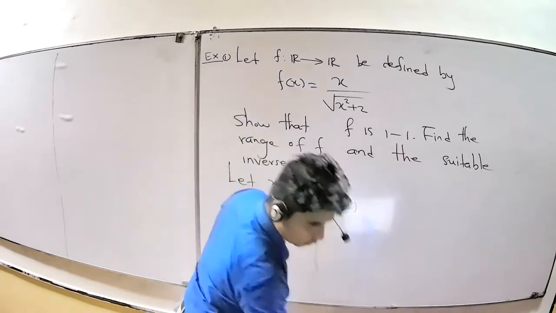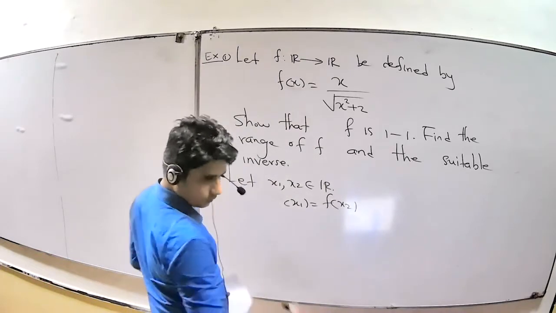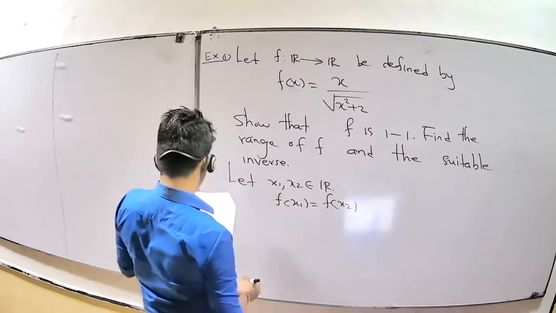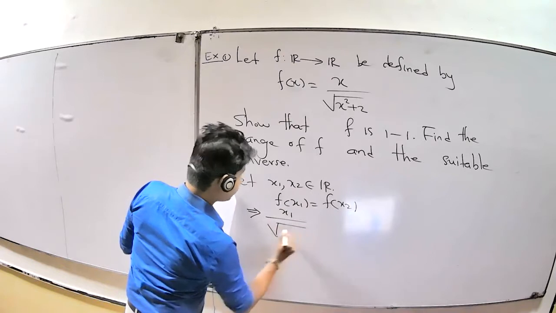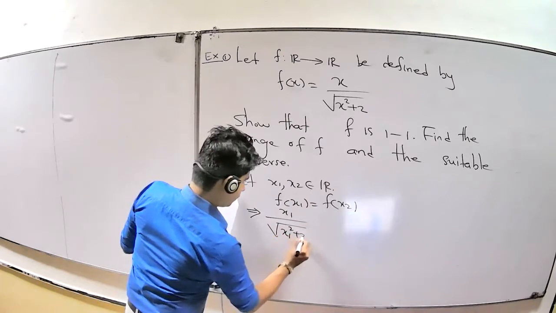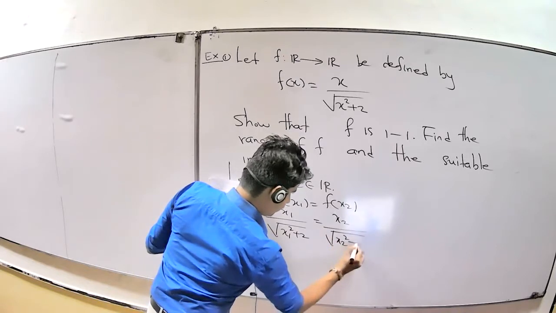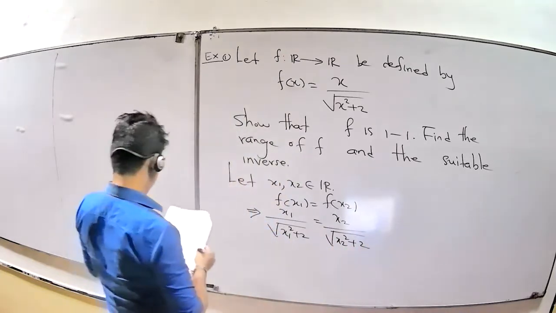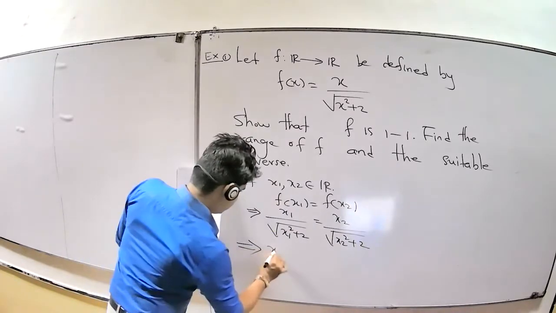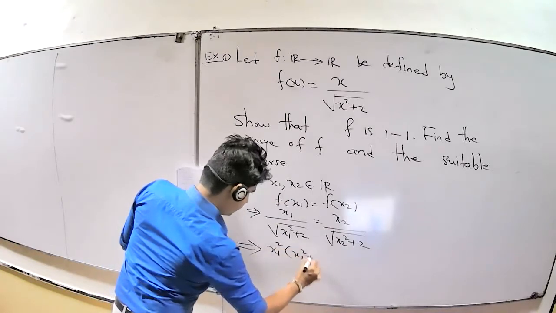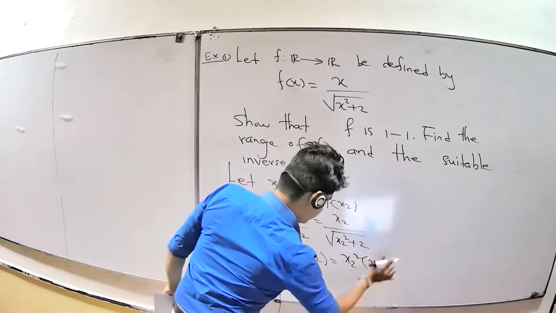That means x1 over the square root of x1 squared plus 2 equals x2 over the square root of x2 squared plus 2. So this implies x1 squared times (x2 squared plus 2) equals x2 squared times (x1 squared plus 2).